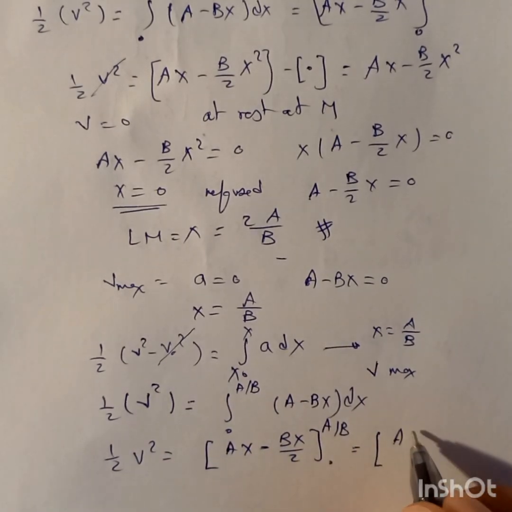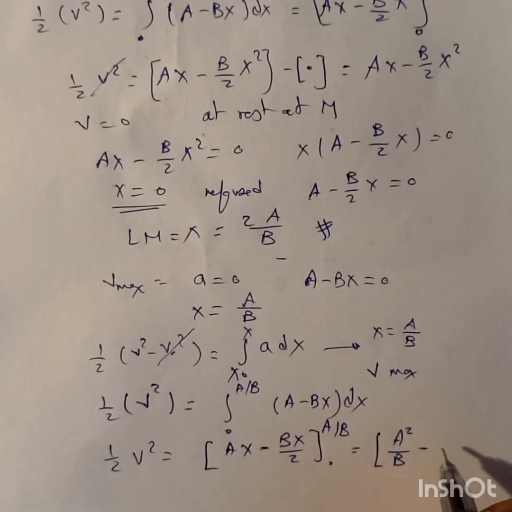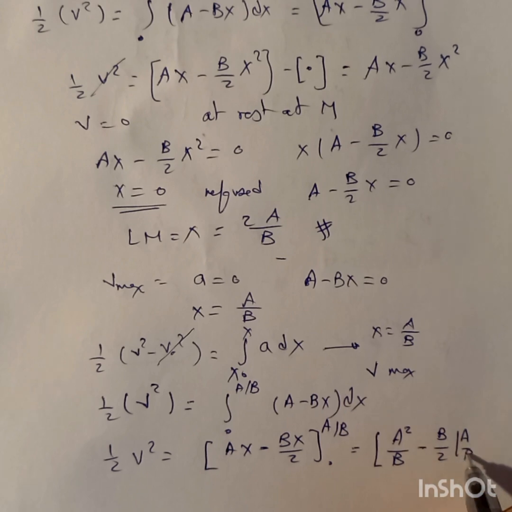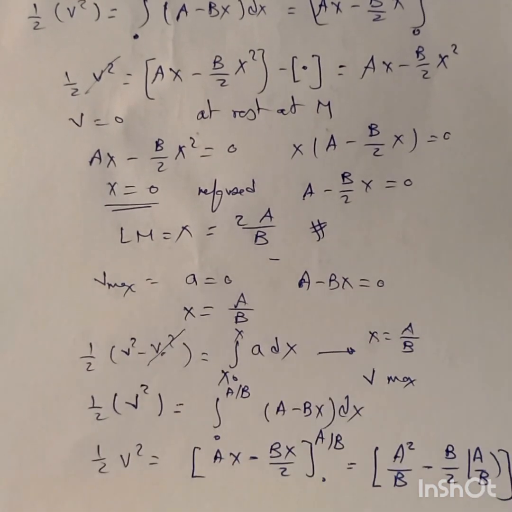Then we can substitute by a over b. Here we have a square over b minus b over 2 multiplied by a over b squared, minus 0, of course. If we substitute x equals 0, then this bracket is 0.